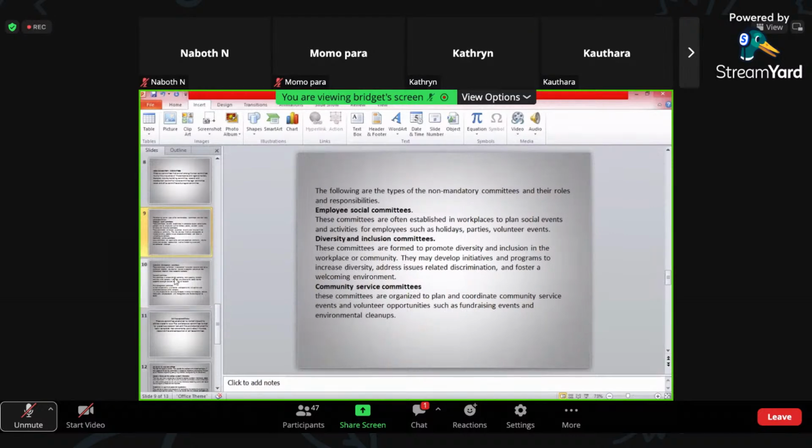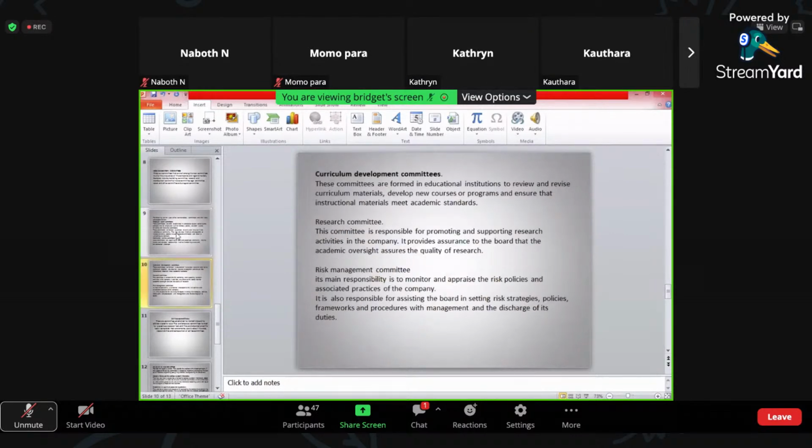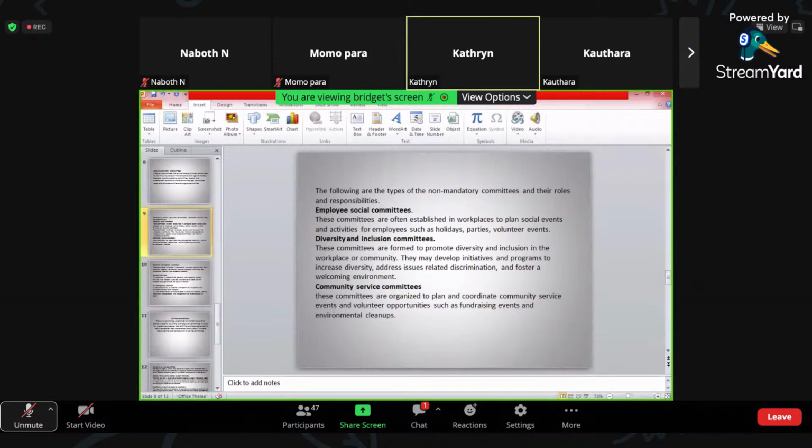Another committee is the community service committees. These committees are organized to plan and coordinate community service events and volunteer opportunities such as fundraising events and environmental cleanup.